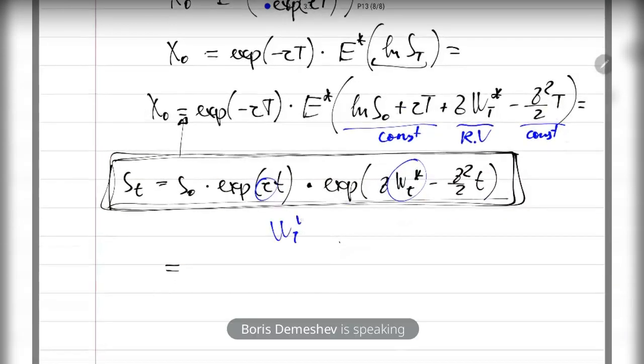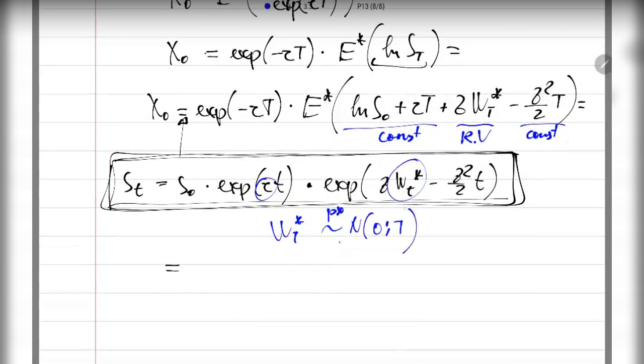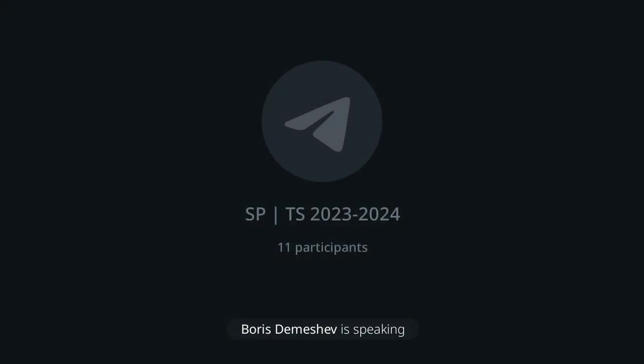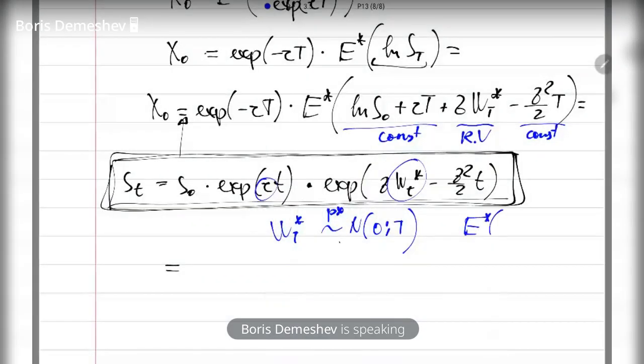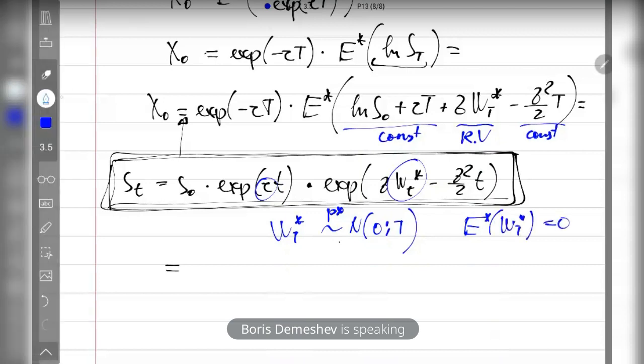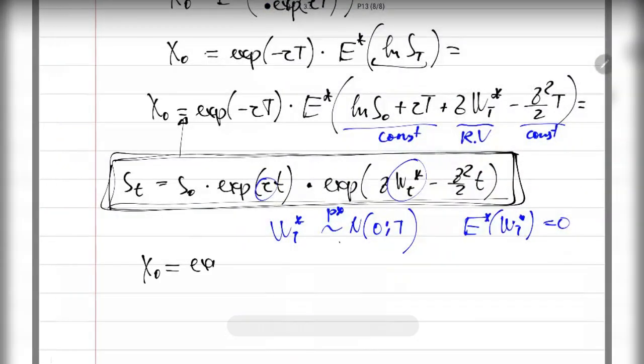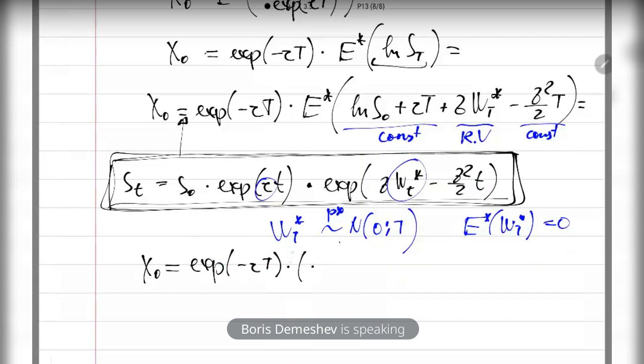But WT star under P star has normal distribution with mean 0 and variance T. Hence, the star expected value of WT star is 0. And we've got the price of another asset: exponent minus rT times (ln S0 plus rT minus sigma squared over 2 times T).